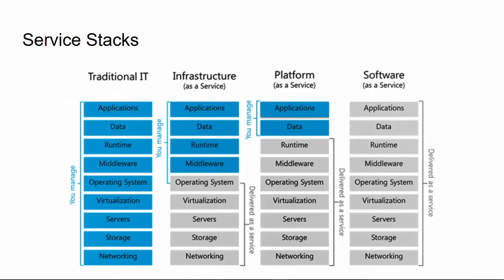This is a stack offered by traditional IT service, beginning at the hardware level, like networking, storage, servers, and at a certain operating system management level. Where this stops is the middleware and the runtime and the data and application. This is where your application and your data start to kick in.